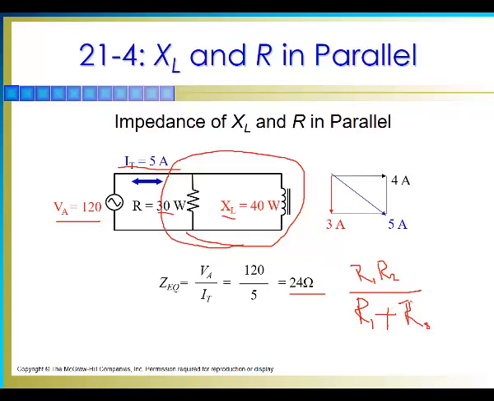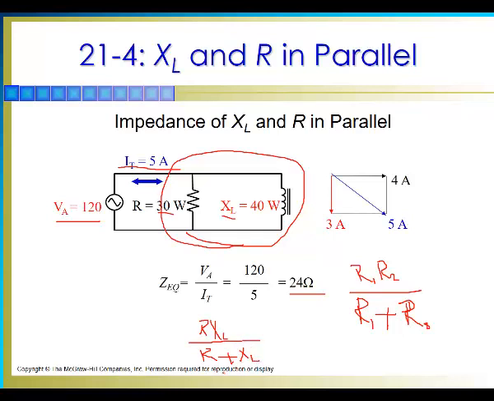However, in this case, we can replace R2 with XL, so we can say that it would be just R times XL, and then in here I'm going to add R plus XL.